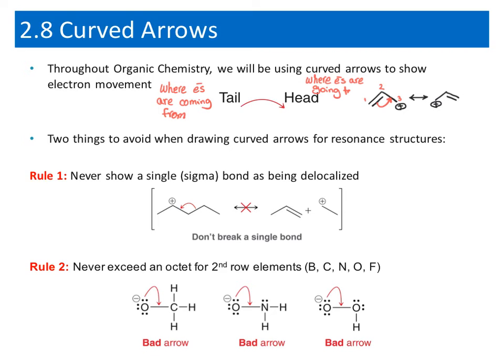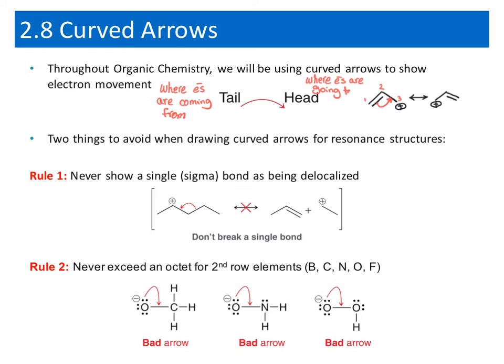Now, while drawing resonance structures, there are a couple of things that you need to avoid. The first one is to avoid moving electrons in a single bond. We just discussed that we can only move pi electrons or lone pair electrons, not electrons in the sigma bond.